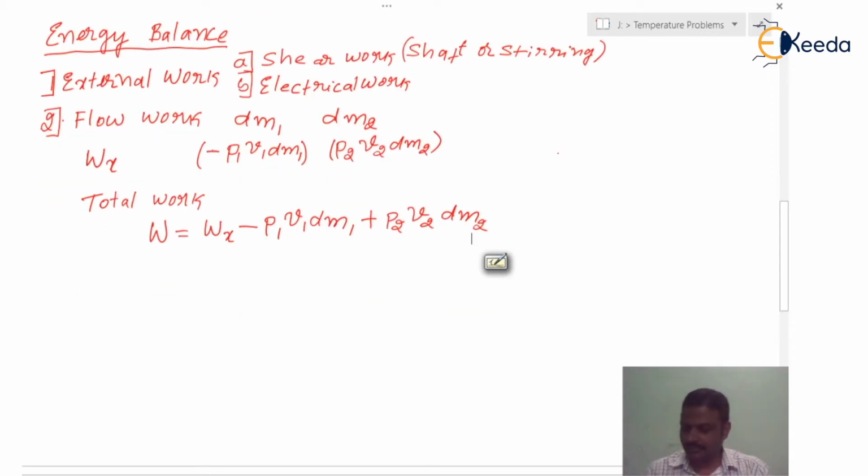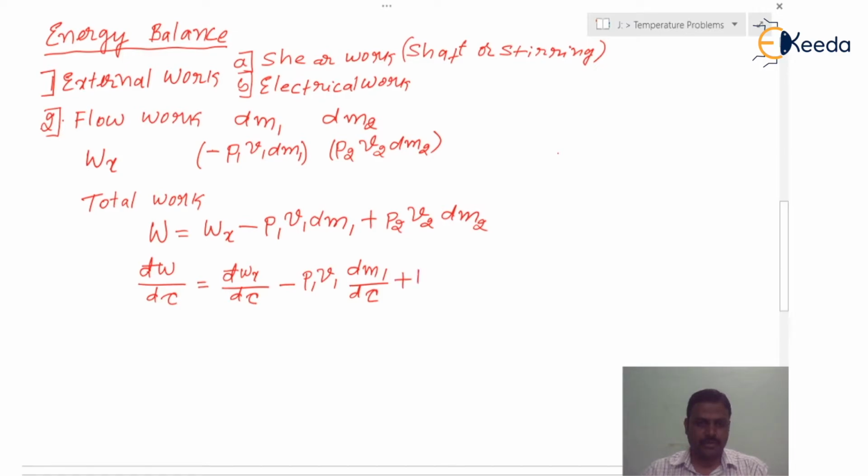Then if this equation is written in the rate form, it can be written as dW divided by d tau is equal to dWx divided by d tau minus P1 V1 dm1 divided by d tau plus P2 V2 dm2 divided by d tau.